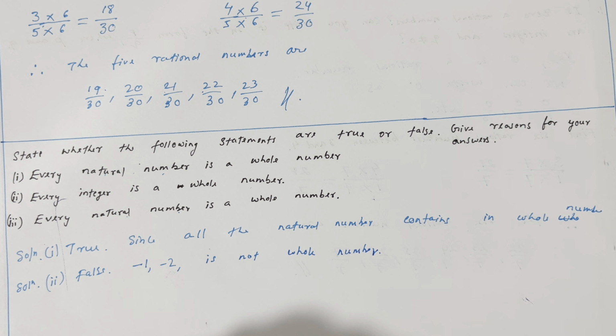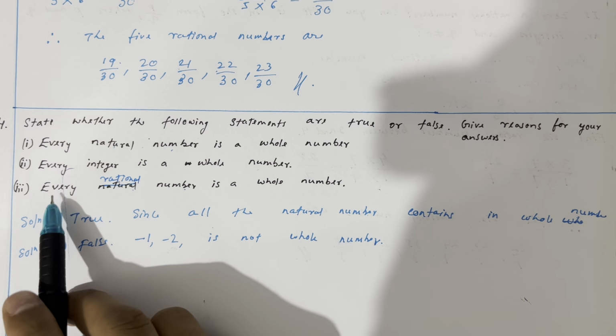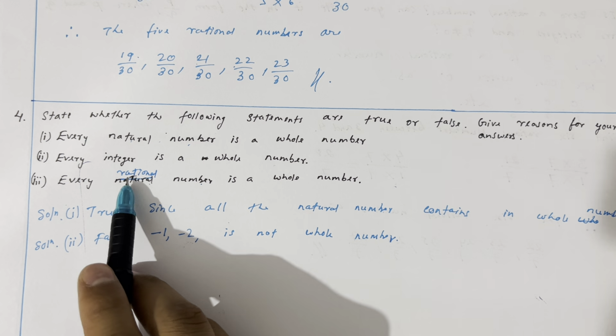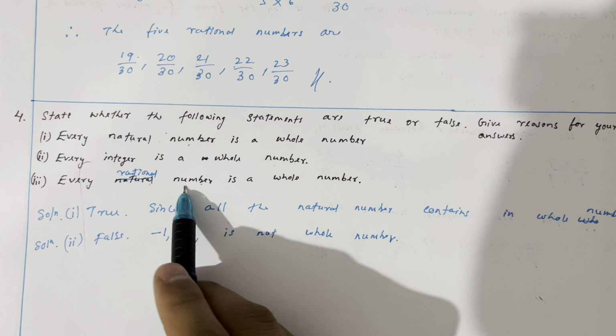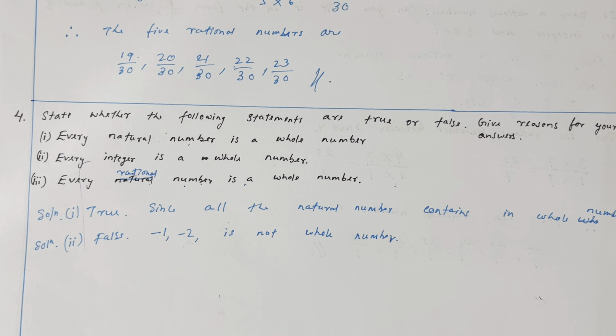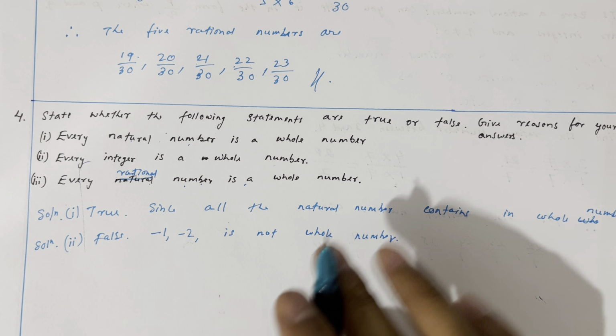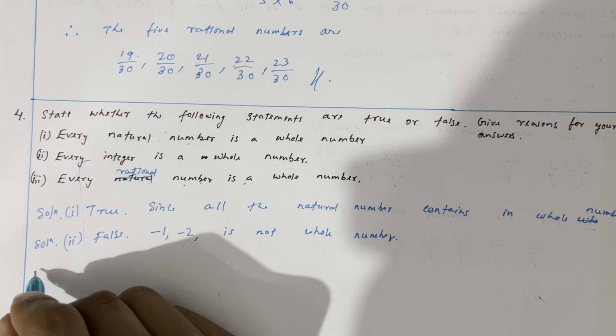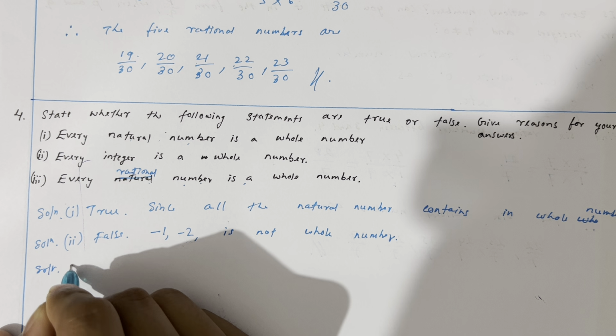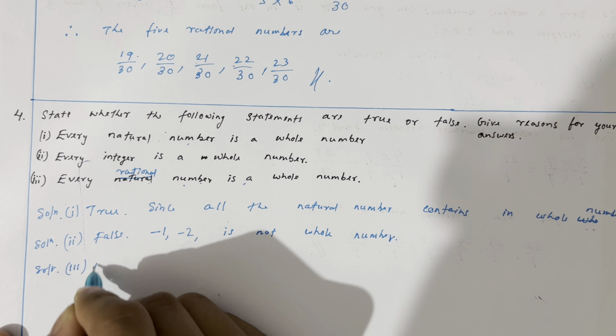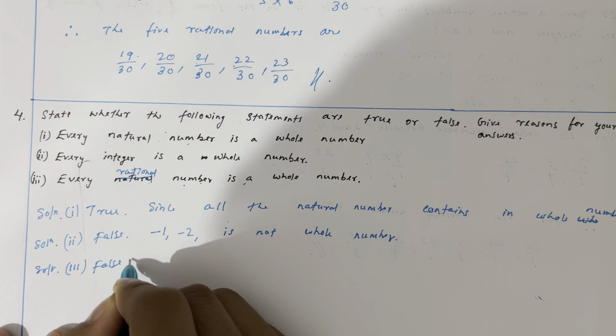Okay, last one. Every rational number is a whole number. No, this is false. So you write here solution number 3. This is also false.